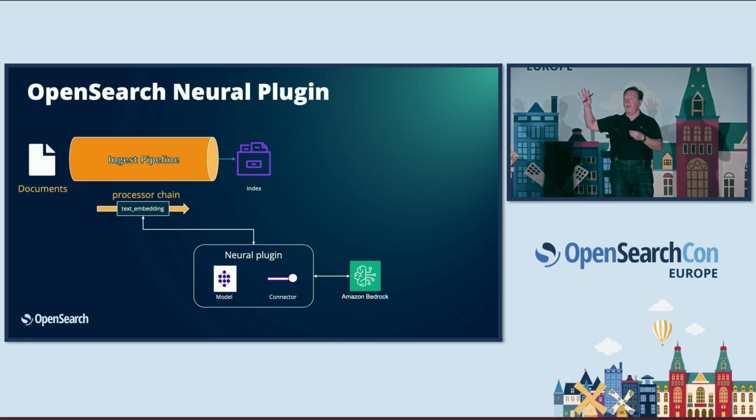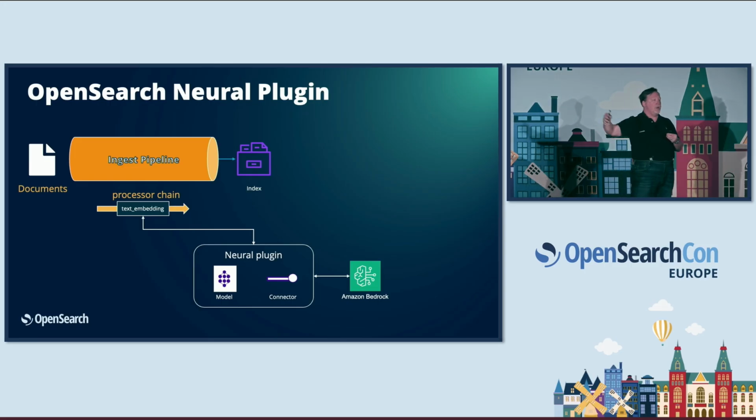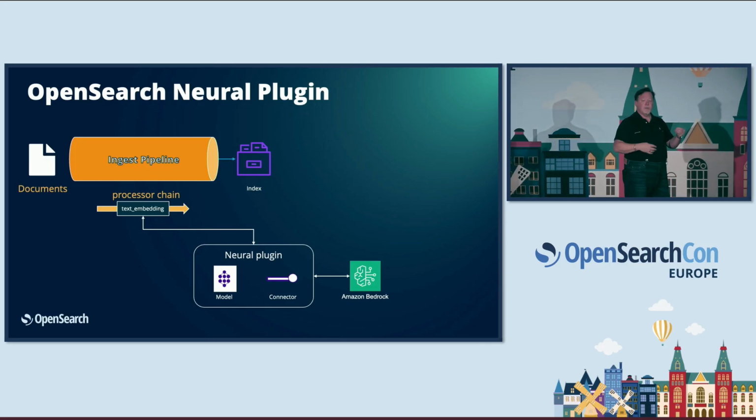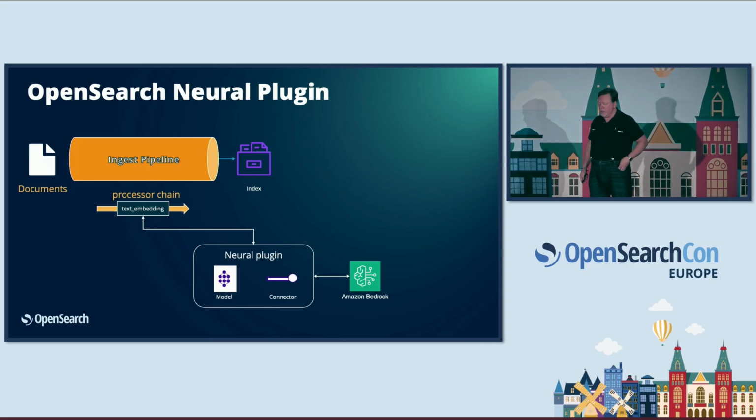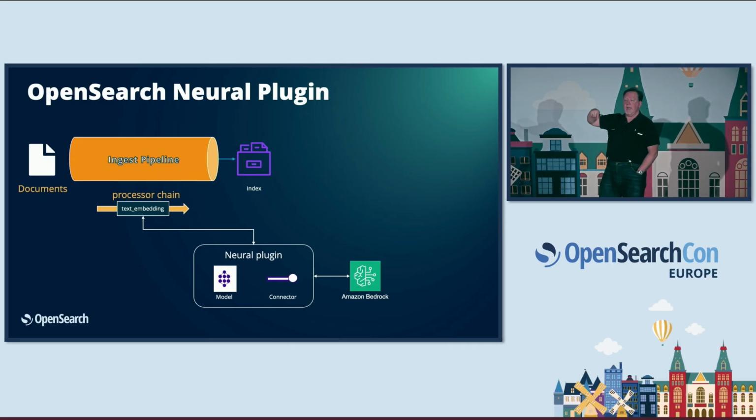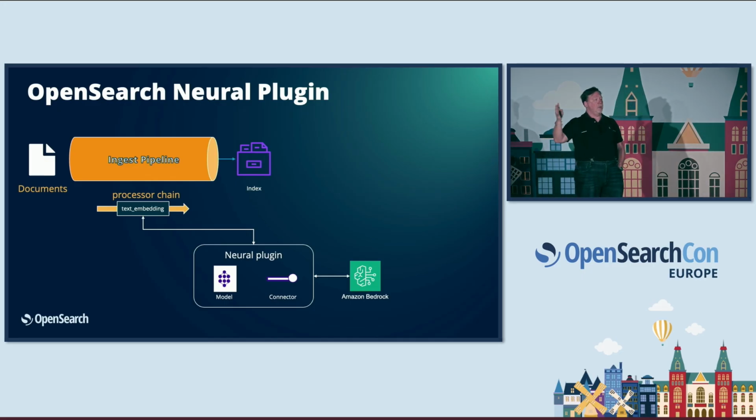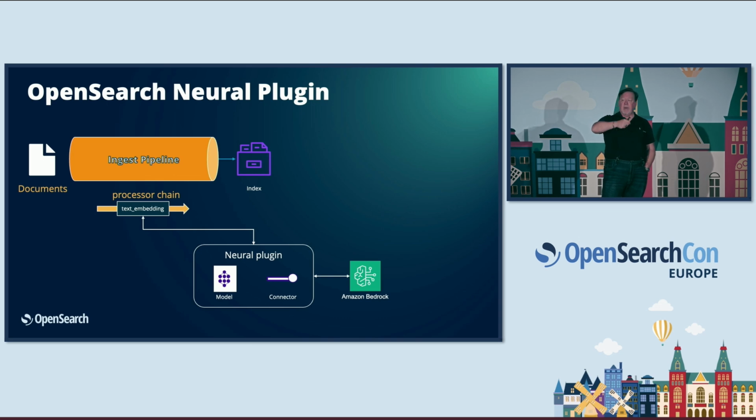Now, models can be remote, hosted on a third party. They can be local, hosted on an ML node in the OpenSearch cluster. But in either case, the neural plugin is how you connect to and use that model to generate embeddings for ingest. Documents come through. You define an ingest pipeline.